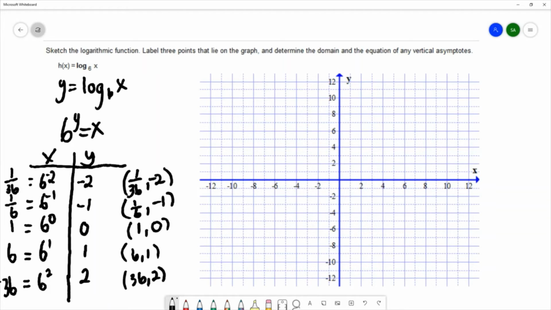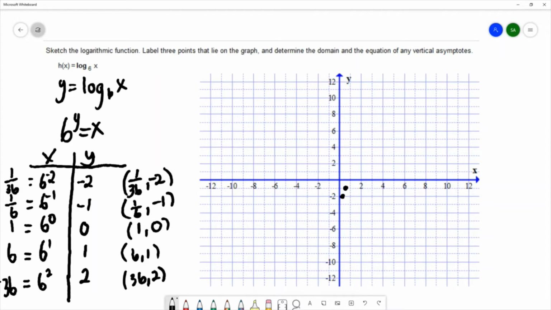So 1/36 and -2: 1/36 is really close to 0, right next to 0 with a y value of -2. 1/6 and -1: 1/6 is also pretty close to 0 with a y value of -1.